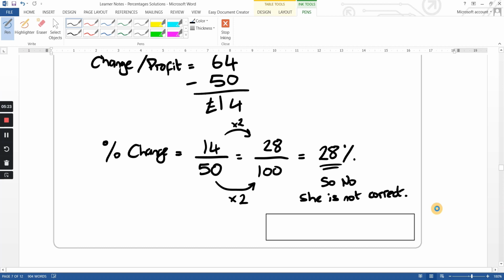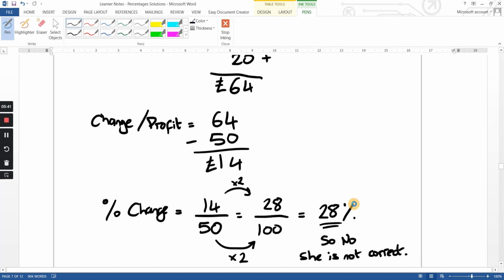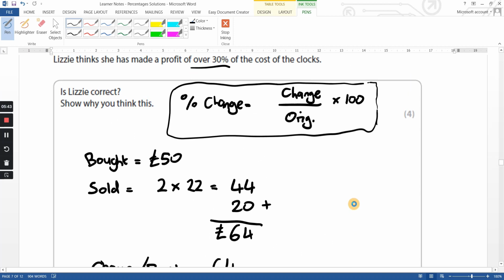So 28% is obviously not more than 30%, so she's wrong. I could have written it in this box here, but it's absolutely fine. As long as you show your answer, as long as you show 28% and say that she's wrong or she's not correct, that's the main thing.